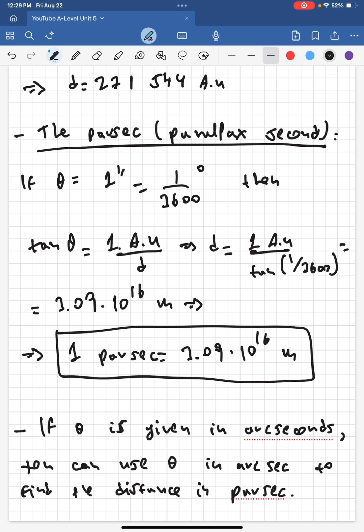So what I mean by that is if you just use theta as is given to you in arcseconds, you can directly calculate the distance, and that distance is automatically going to be given in parsecs.